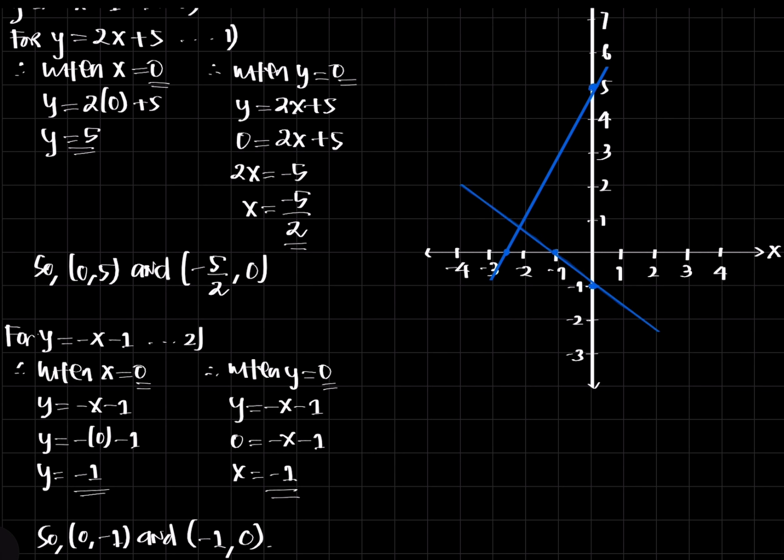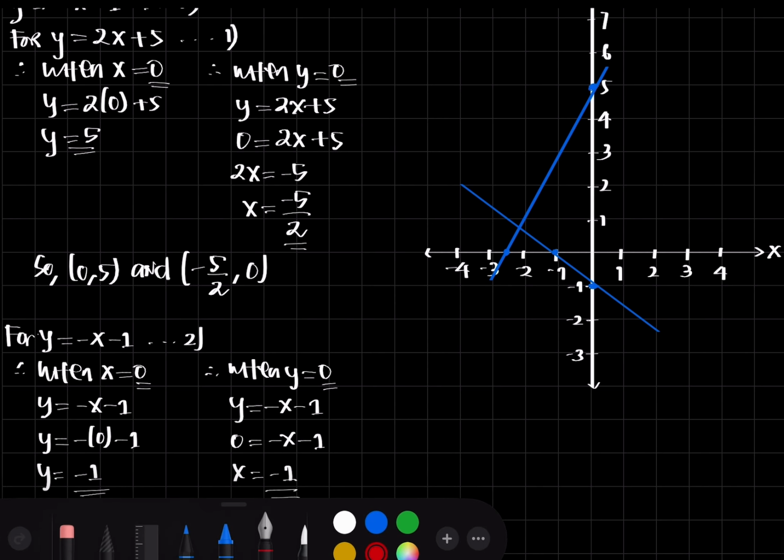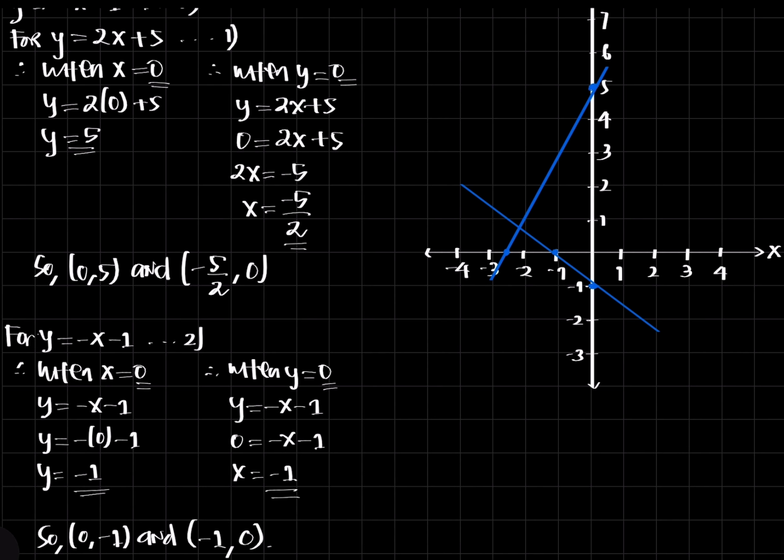There we go. Then you can see where they meet. When you draw that properly, you will find out which point they meet at. I think there is negative 2.5, so we have to plot it the right way.